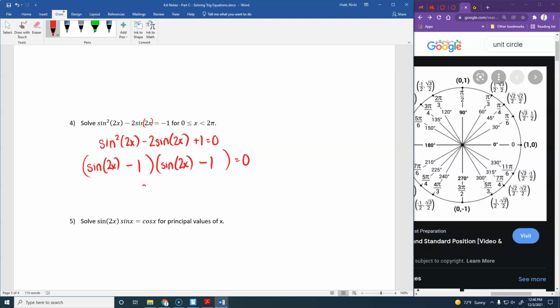So then I've got sine of 2x minus 1 equals 0. So sine of 2x equals 1. And I don't have to write that twice because both of my factors are the same here. So this is going to be like that first problem that I did. I'm going to say, where does sine equal 1?